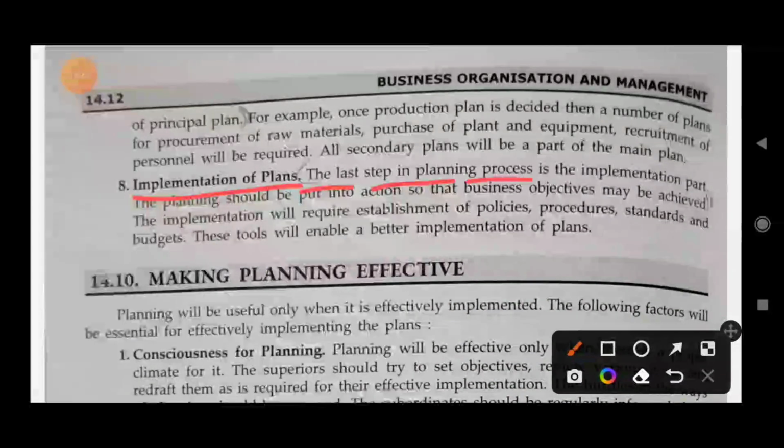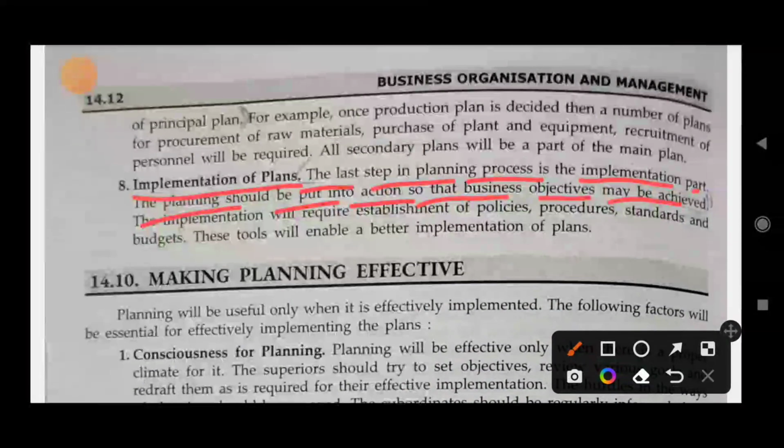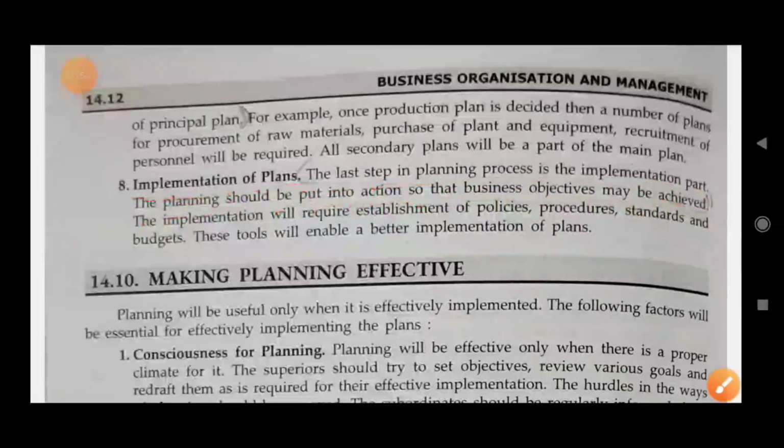The last step in the planning process is the implementation part. The plan should be put into action so that objectives may be achieved. Whatever we have planned, we need to implement effectively. That is how we complete the total planning.